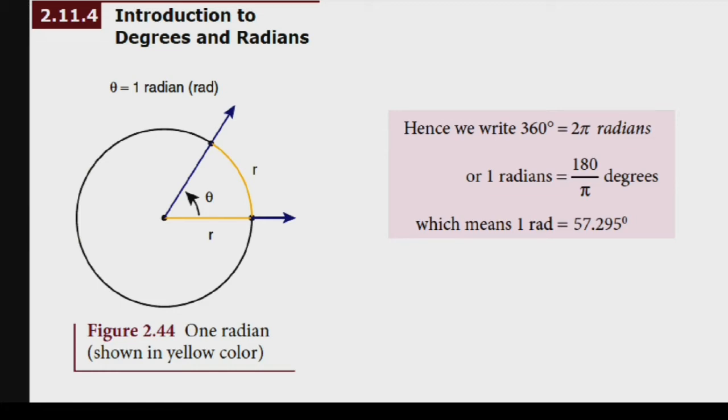Degrees and radians. This topic is already studied in the first lesson, so we are well known with it. Theta is equal to 1 radian or rad. Hence we write 360 degrees equal to 2 pi radians. 1 radian is equal to 180 by pi degrees, which means 1 rad is equal to 57.295 degrees.